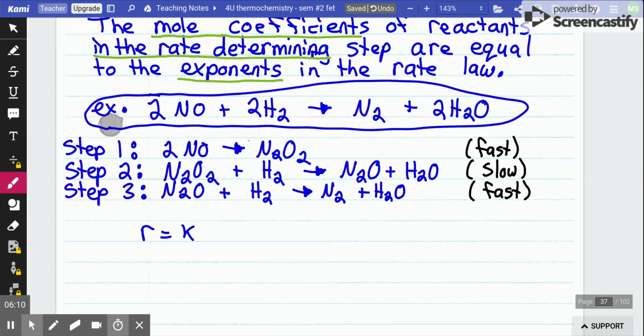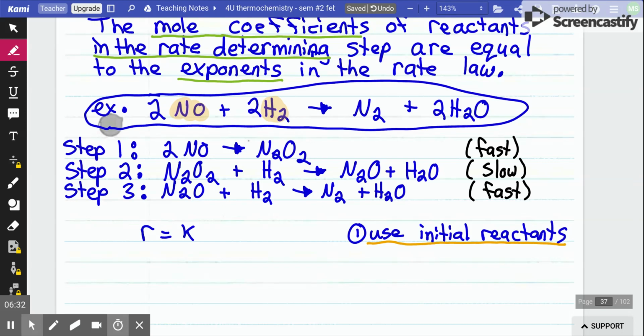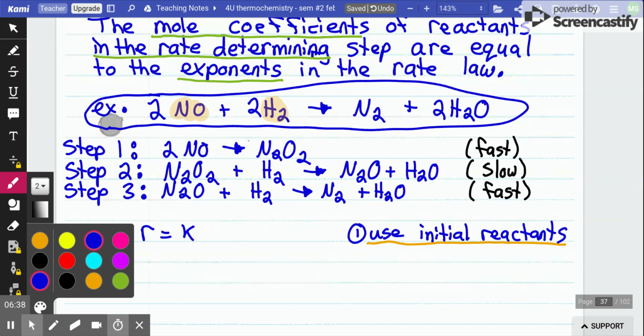So the first step for getting your rate law equation using a reaction mechanism is that you have to use your initial reactants. When I say initial reactants, I mean the actual reactants in your overall equation. So NO and H2. So they come down here and become part of your rate law equation, like this.